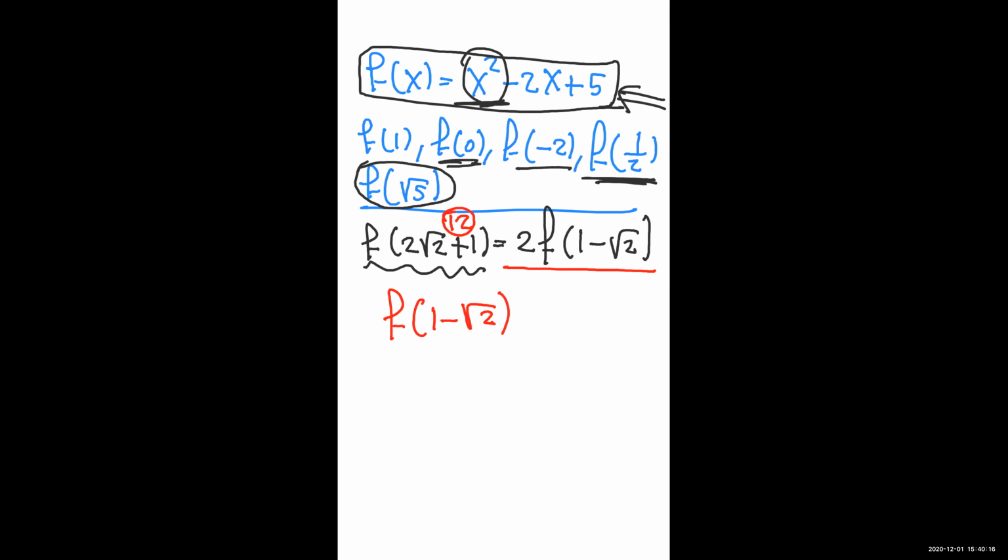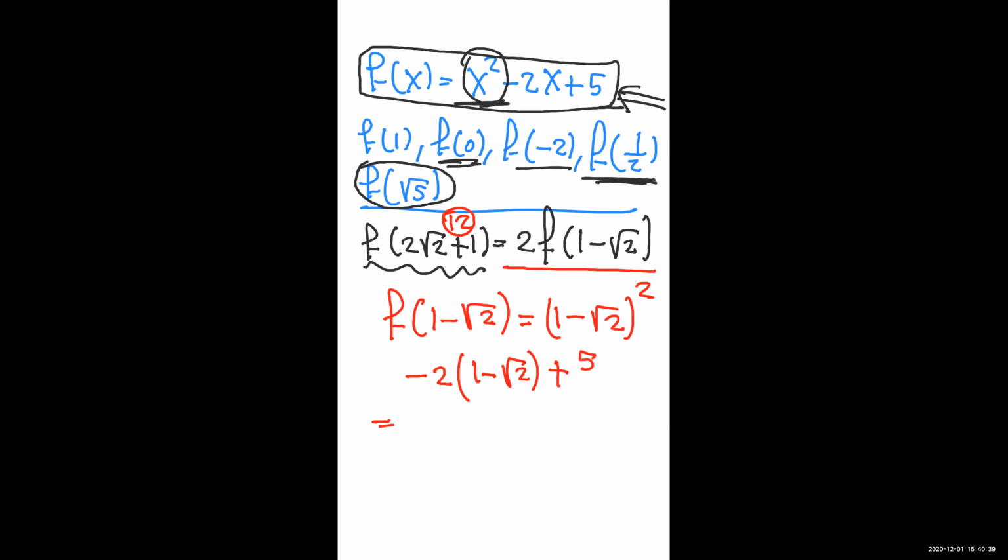Then I will multiply it by 2. Okay. So it will equal x squared on the top, the function. So this means (1 minus the square root of 2) squared. Then minus 2x, so minus 2 times x, which is 1 minus the square root of 2, plus 5.